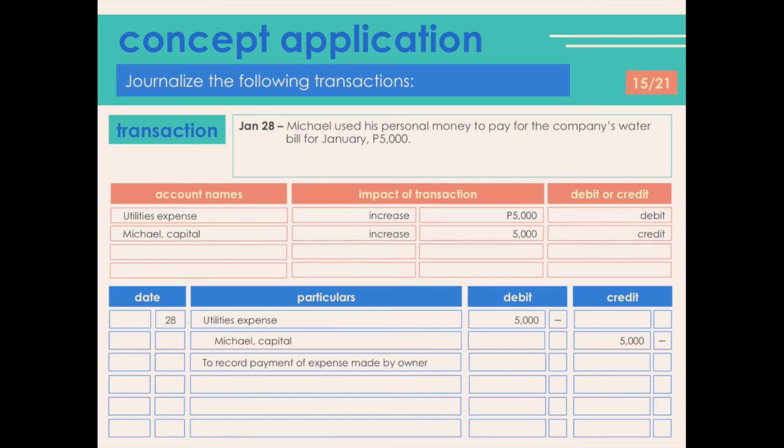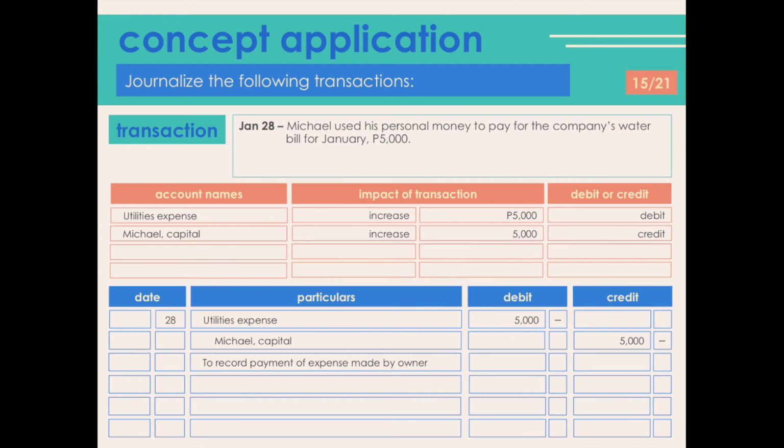So we credit Michael capital for 5,000. But since the money was paid to the water company and not the company itself, we cannot debit cash. Instead, we debit utilities expense for 5,000 since this represents the water services already consumed by the company.